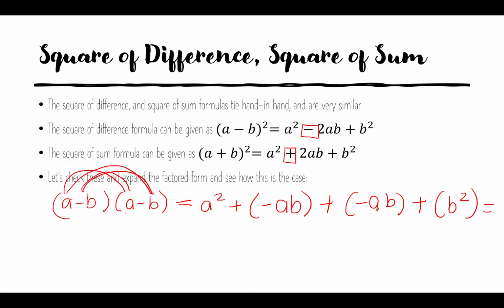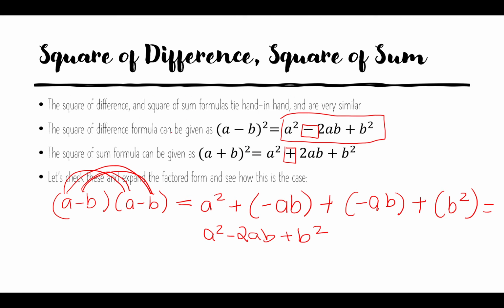So from here we will get a squared minus 2ab plus b squared, which can be seen here as well.